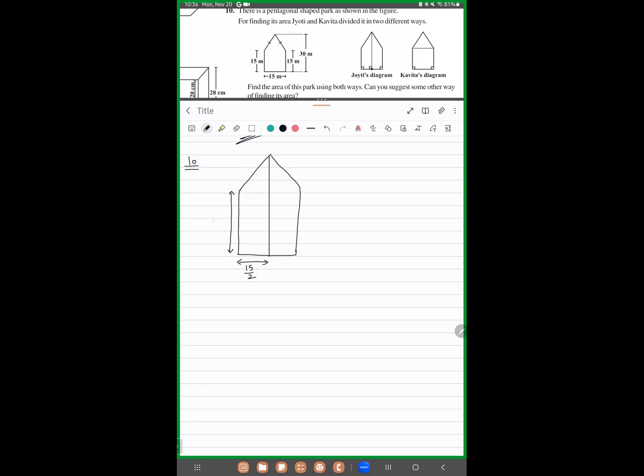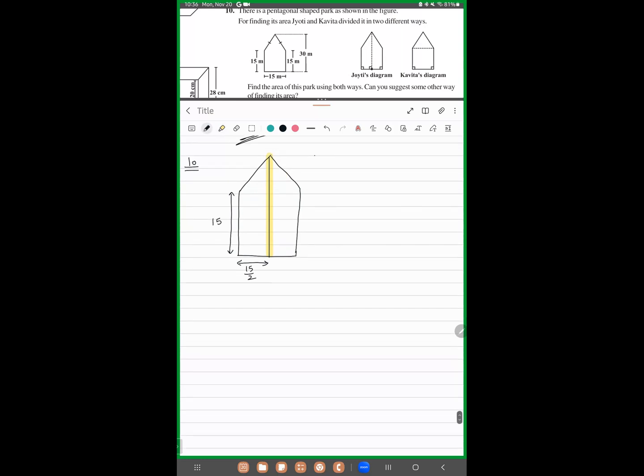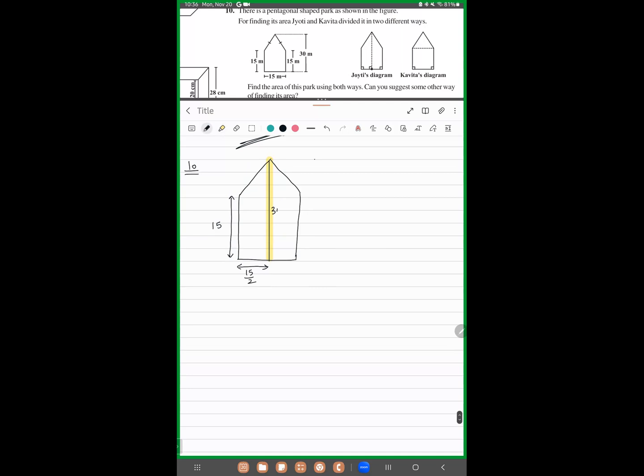So this one is 15 and this one is given as 30. So area of trapezium is equal to half into height into sum of parallel sides. This is area of one trapezium.